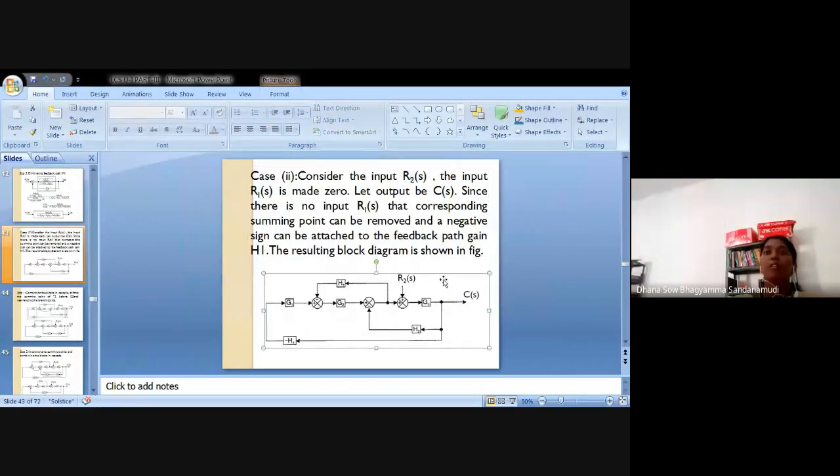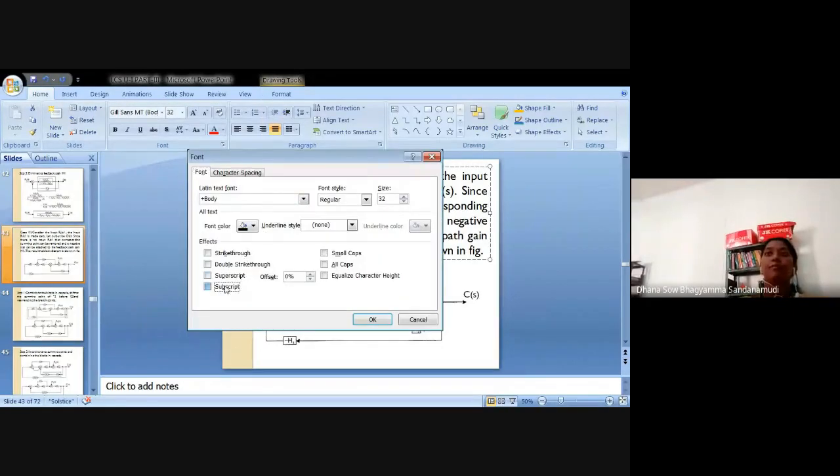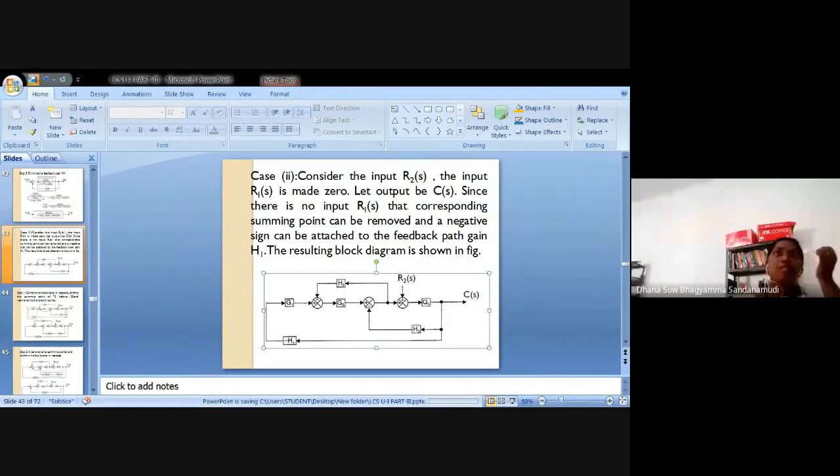Okay, assuming R1 of S is 0, R2 as the second input.